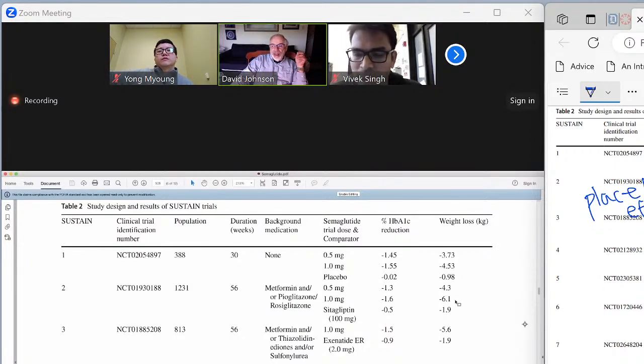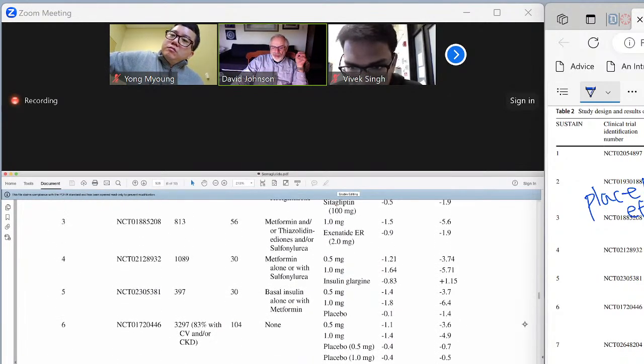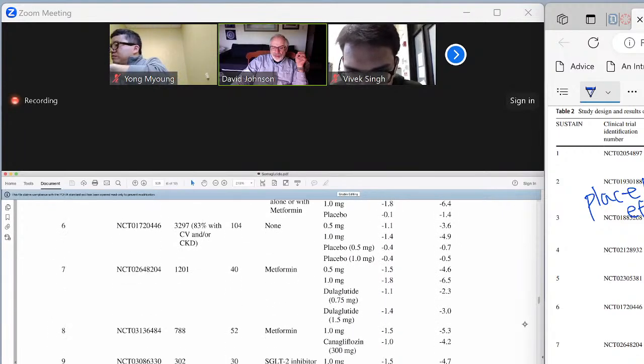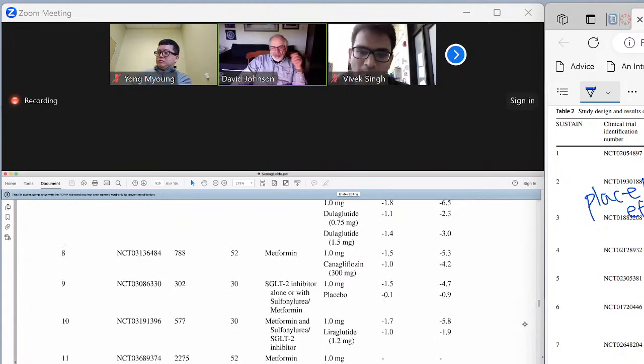Or 6 kilos. That's over 10 pounds. So these are all impressive. There is, in fact, now formulations of higher doses of this drug that is prescribed specifically for weight loss.